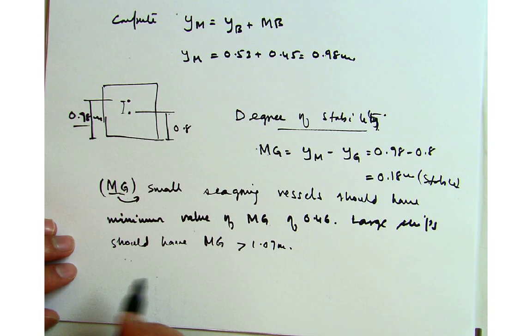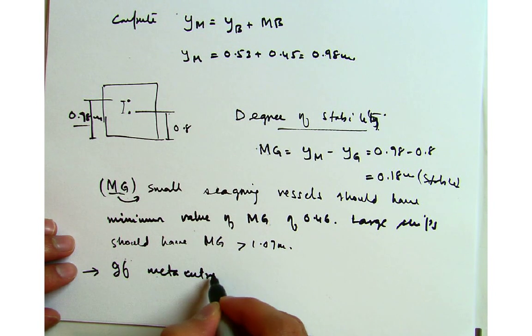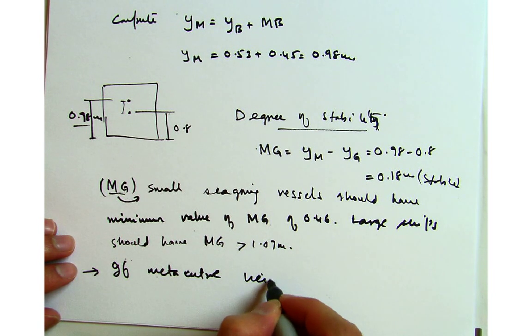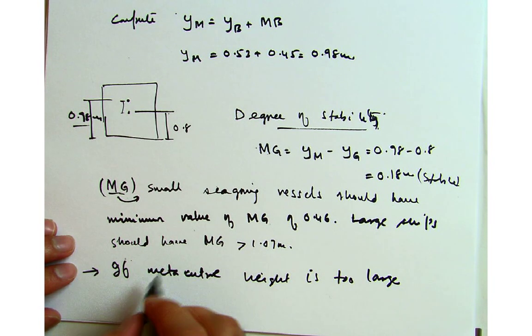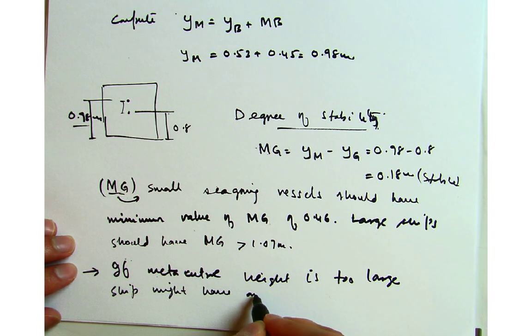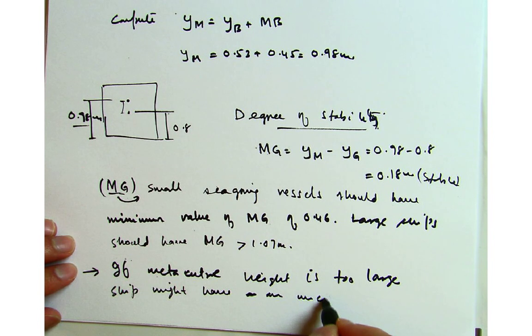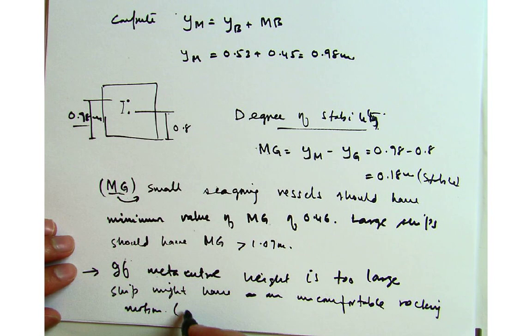At the same time, if the metacenter height is too large, the ship might have an uncomfortable rocking motion. Okay, so uncomfortable rocking motion, and that causes seasickness.